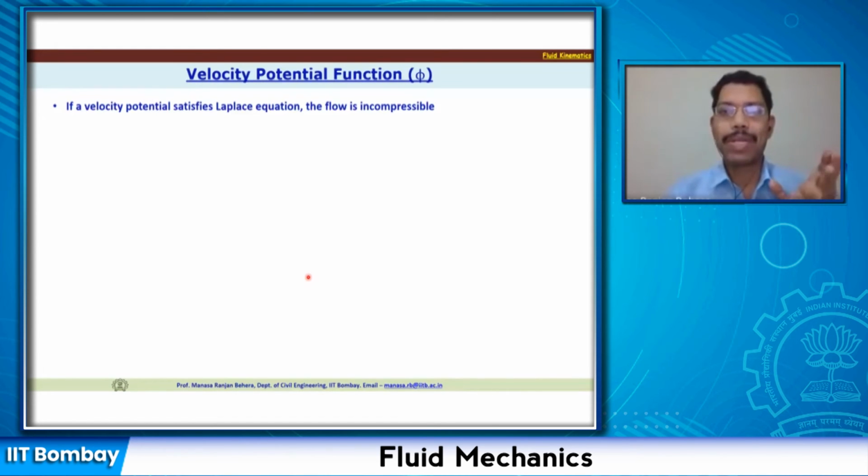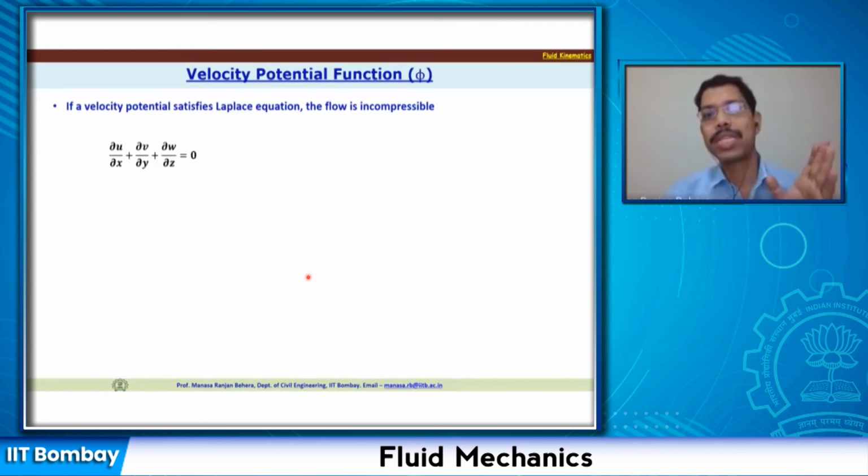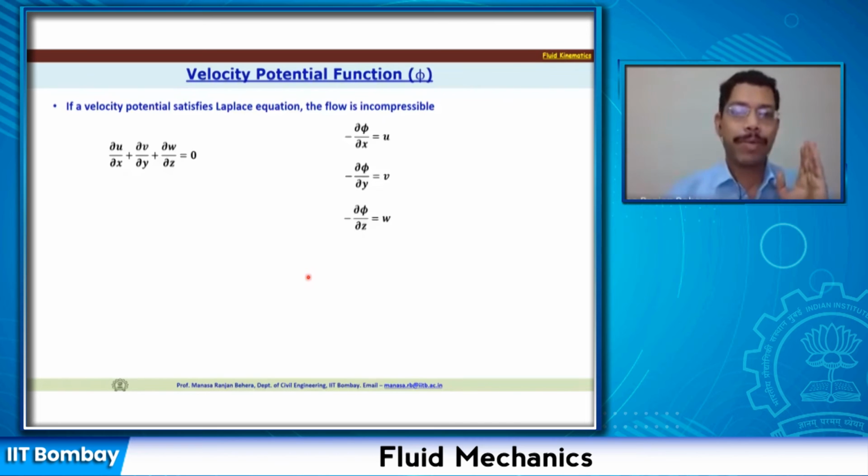So what is Laplace equation? Let us say this is our continuity equation, the continuity equation for incompressible flow, which we have already seen. Okay. So now in this continuity equation, if I substitute the expressions for u, v and w in terms of phi, so what are those? Those are u is equals to minus dou phi by dou x, v is equals to minus dou phi by dou y, w is equals to minus dou phi by dou z.